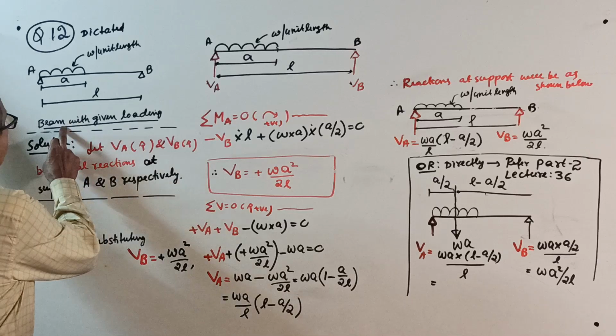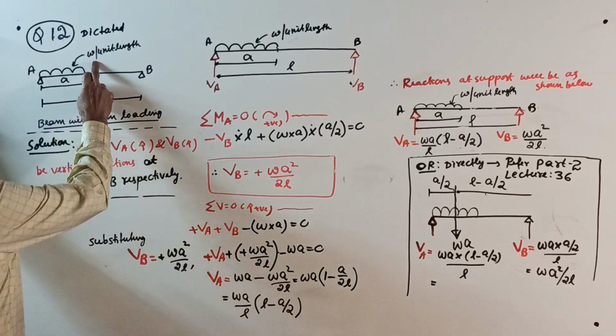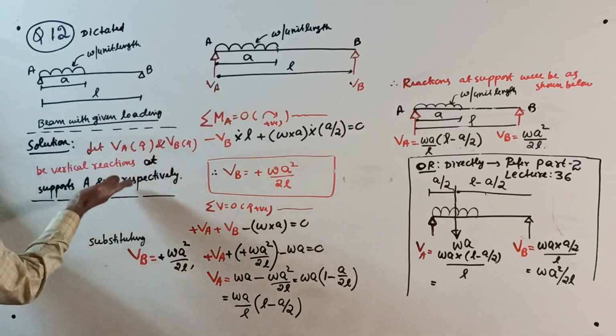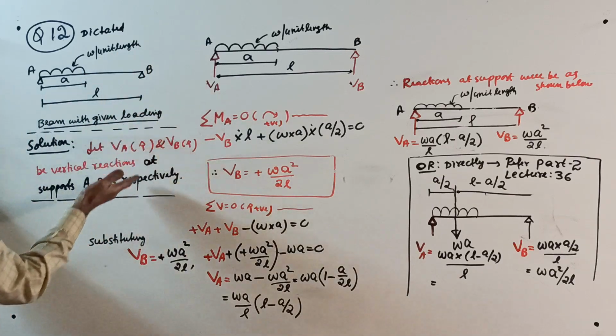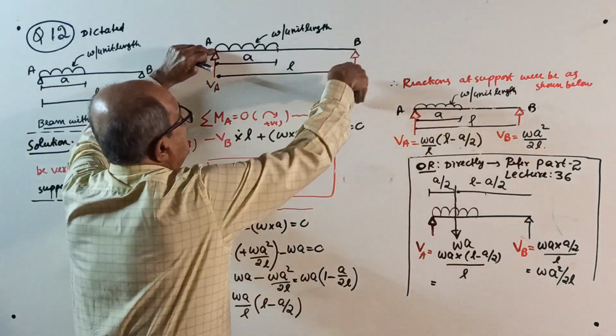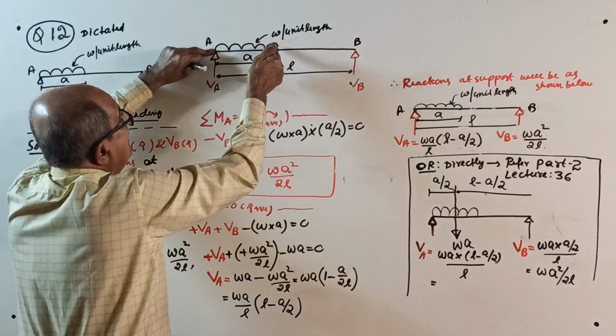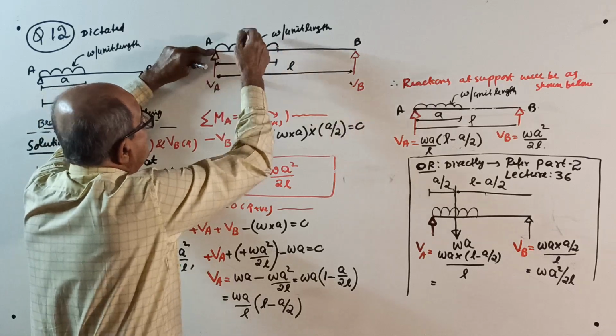Start. Beam with given loading, span is L, this is A, W per unit length. Usual statement; I will not repeat this again and again. Take moment about A: minus VB into L plus W into A, which is the total load.